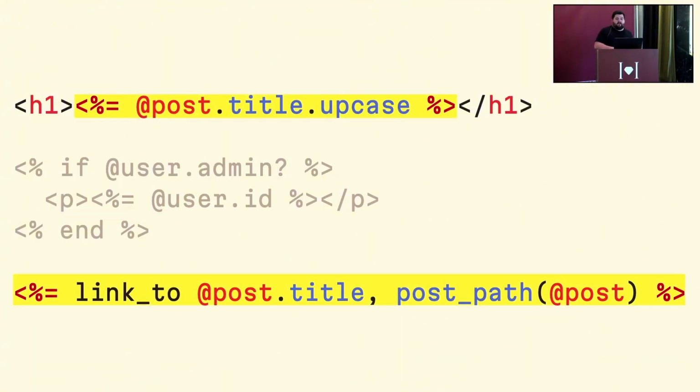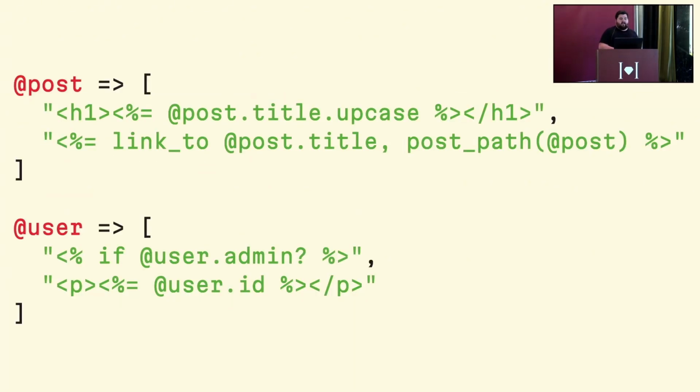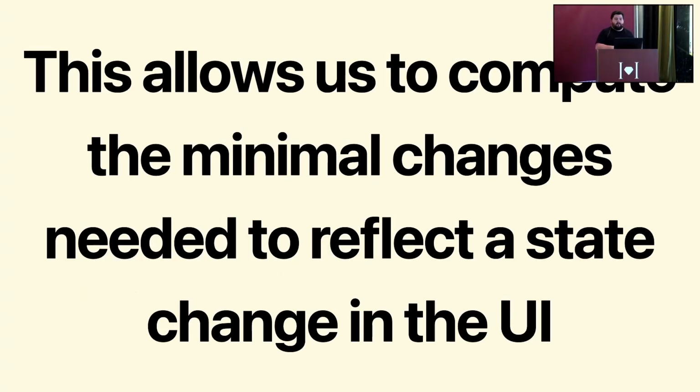And for us to be able to update the post title, we also need to know that it's enclosed in the h1 tag. So we want to build out this map to say whenever post changes, we want to look at all these other nodes in our templates. So when we want to re-render posts, we don't have to look at the whole template, but only at these places. And this allows us to compute the minimal amount of changes that we need to reflect changes in the UI.